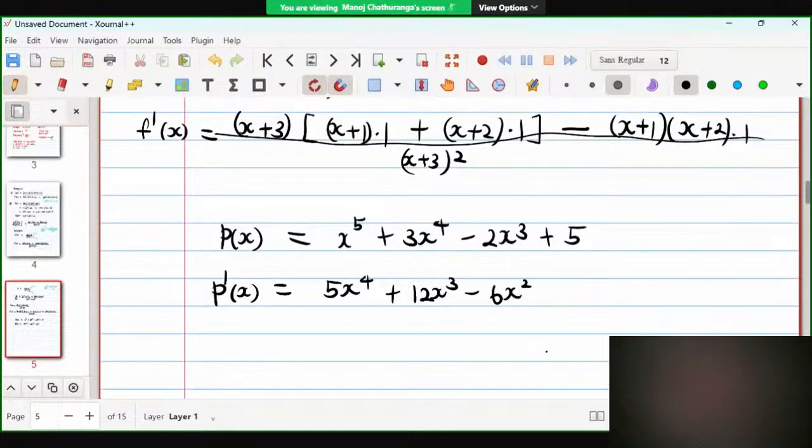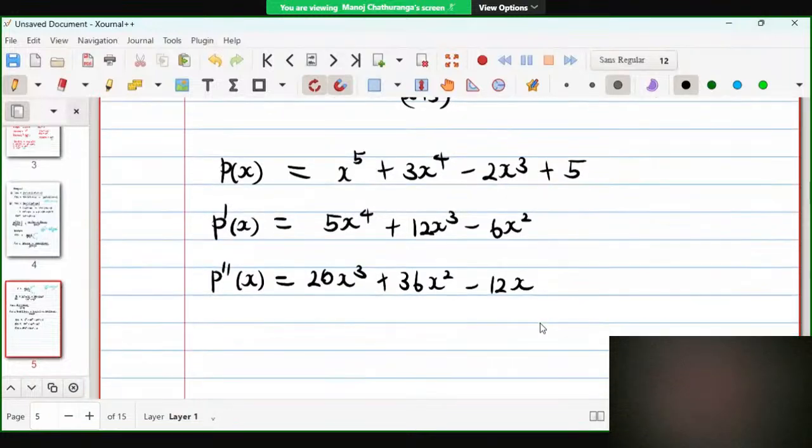And somebody can take this new polynomial and differentiate it once again. That'll be 20x to the third plus 36x squared minus 12x. You can keep doing this.